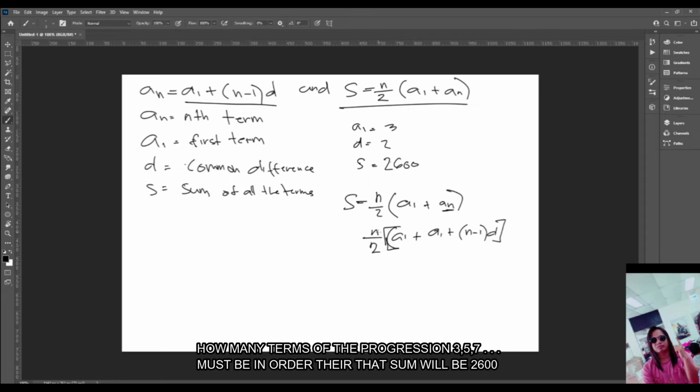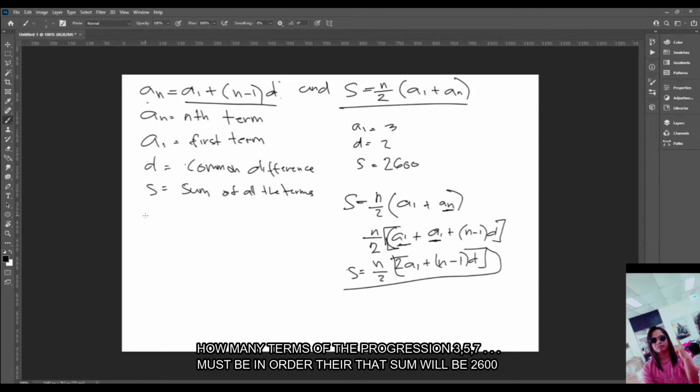These are like terms, guys, so this is 2a1 plus n minus 1 times d, in brackets, times n over 2, equals s. So I will use this formula in solving this problem, but of course you can solve it differently.